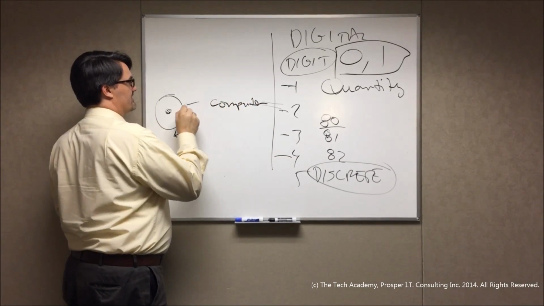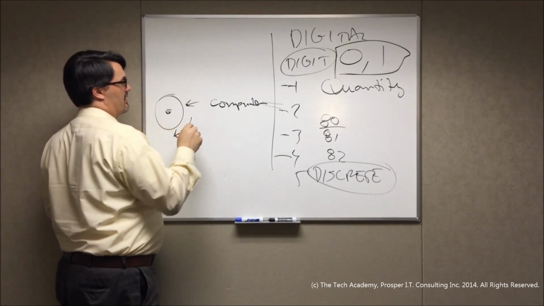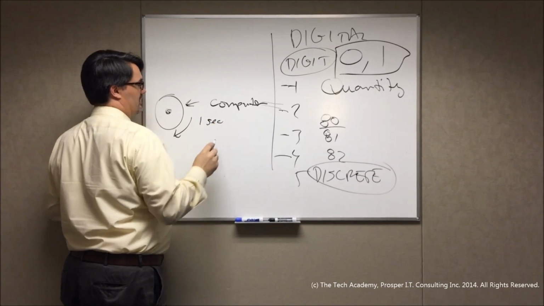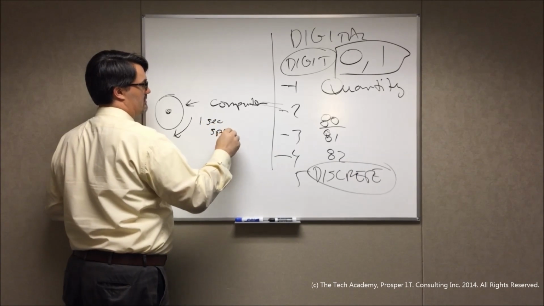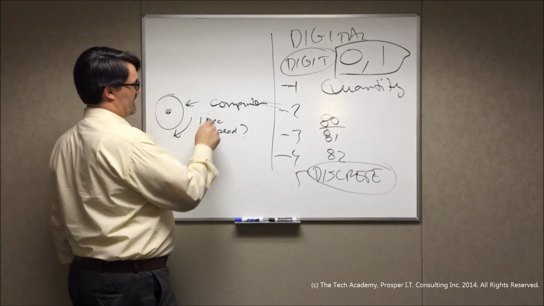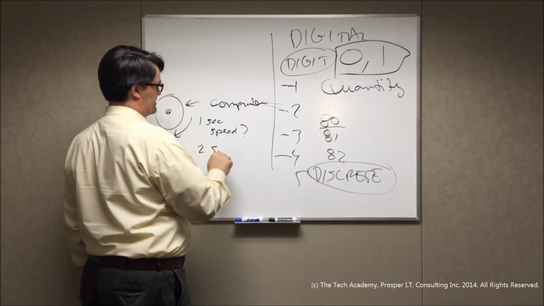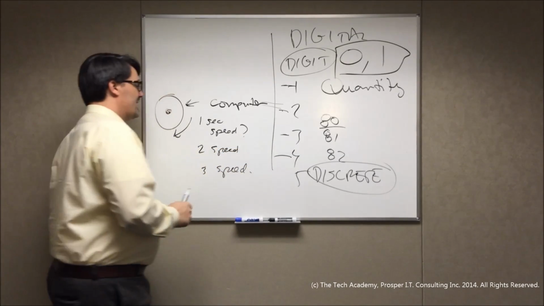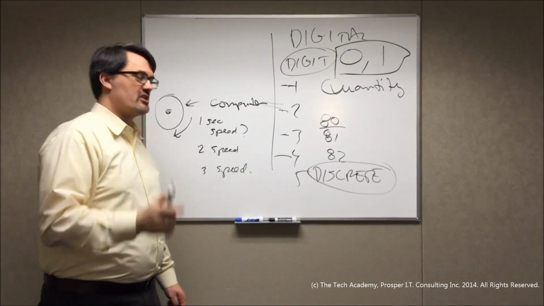And it's got a little device that can look at that, and every second it says, what's the speed? At second 1, what's the speed? At second 2, what's the speed? At second 3, what's the speed? It's going to get a singular snapshot of time.